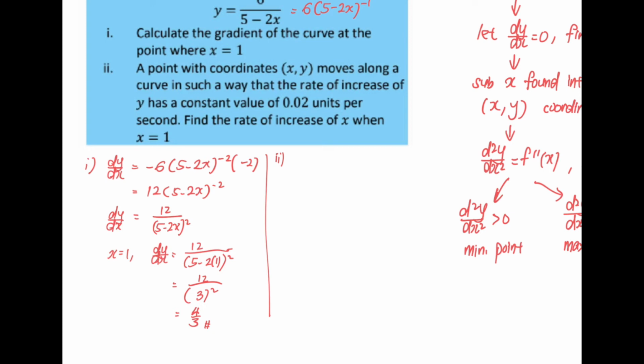Now we look at part 2. A point with coordinates (x, y) moves along a curve in such a way that the rate of increase of y has a constant value of 0.02 units per second. So when you see rate of increase of y, that is dy/dt. dy/dt is given as 0.02.